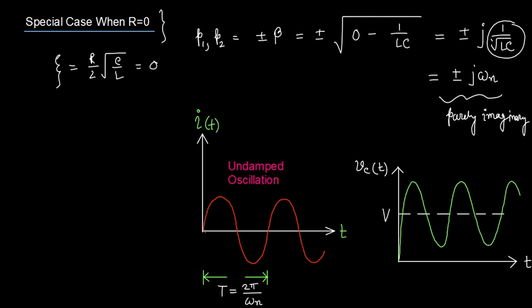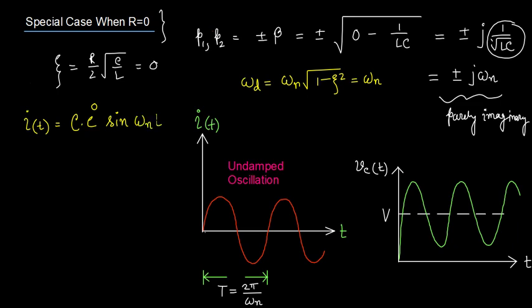The expression of current can be written from the underdamped response: some constant C e to the power 0, since alpha is 0, sine omega d t. Omega d is omega n under root 1 minus zeta square, and since zeta is 0, it is omega n. So let us write it as sine omega n t.